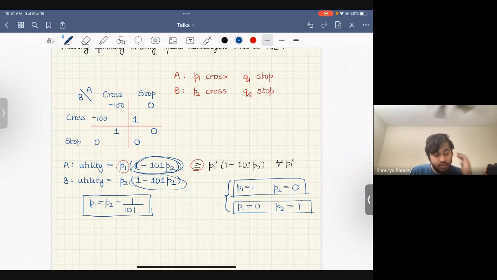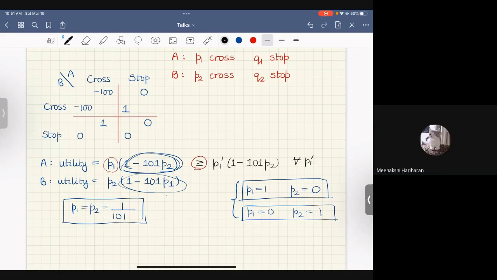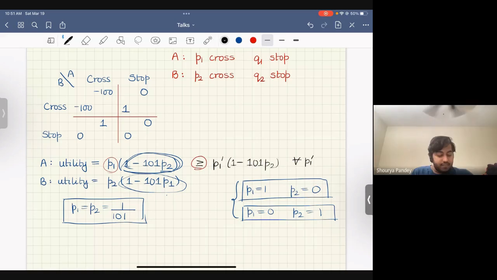Right. Okay. And what are the total utilities in both cases? Total utilities for A or B? Let's say I'm talking about the sum now.